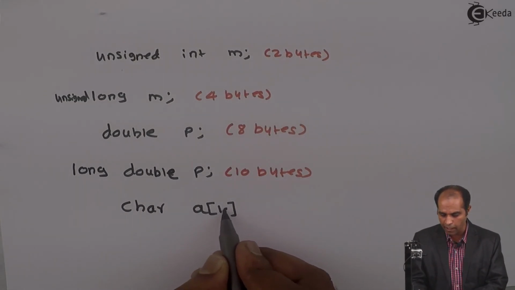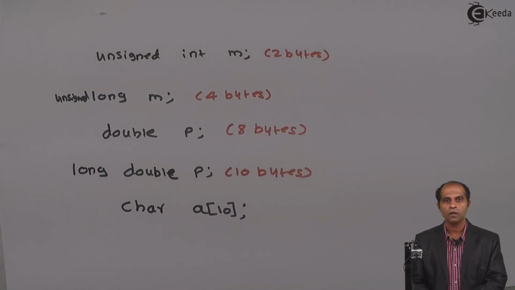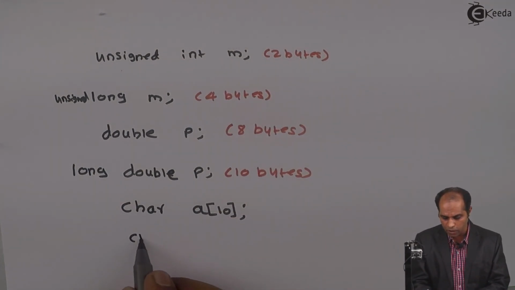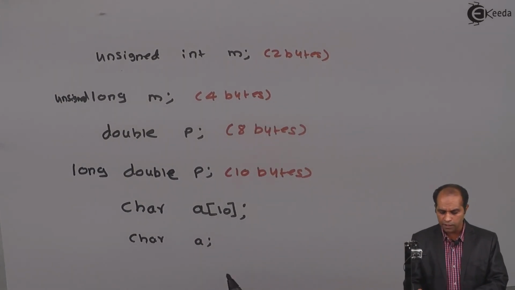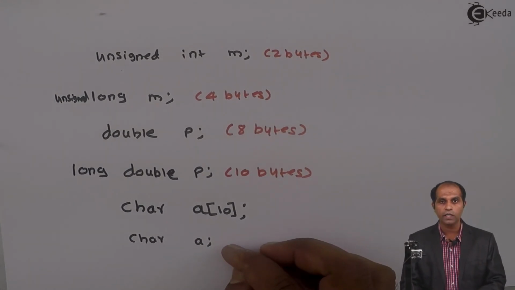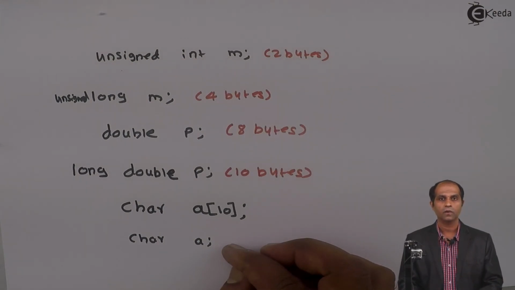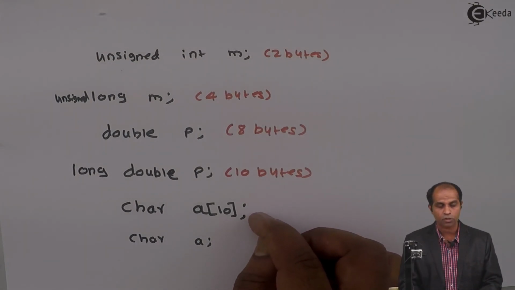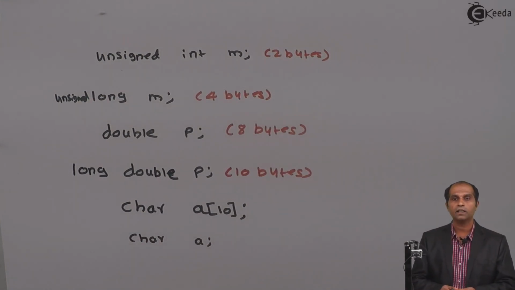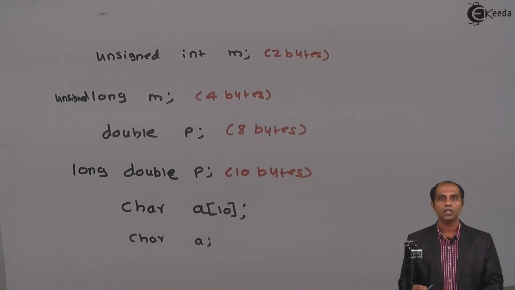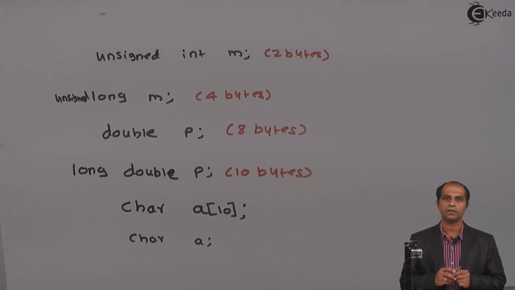So I'll say char a of 10. Now, how different is this instruction from char a? When I say char a, this instruction will store only one character. But if a set of characters is supposed to be stored, in that case I can say char a of 10, which means that this variable will have a storage space of a total of 10 characters.